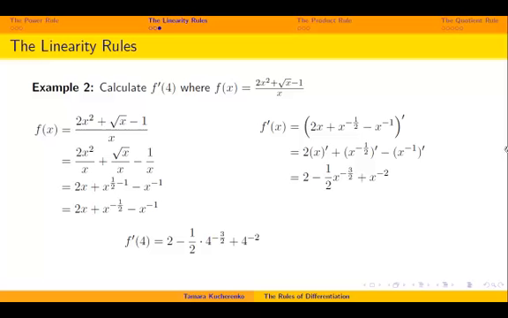Similarly, 4 to the negative 2 equals 1 over 4 squared, which equals 1 over 16. We get 2 minus 1/2 times 1/8 plus 1/16. 1/2 times 1/8 is 1/16, so at the end the answer is 2.